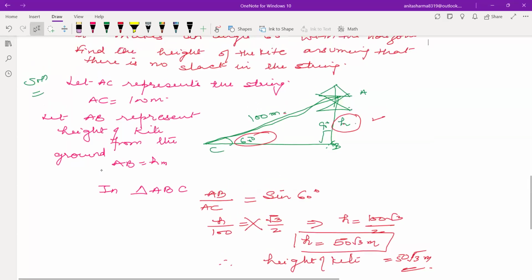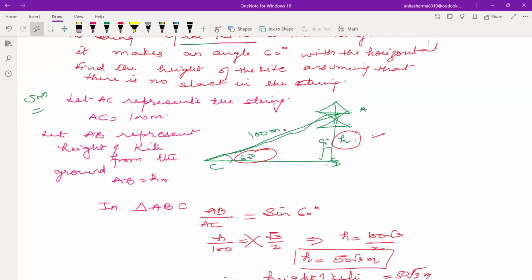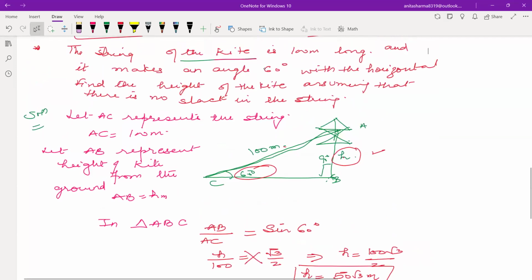Is there any doubt in this question? No, ma'am. Okay, beta, please note this. Dharya, Aryan, Abhinav, Siddharth, Moksha, have you understood? Yes, ma'am. Abhinav, where have you gone?